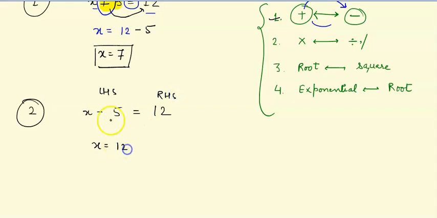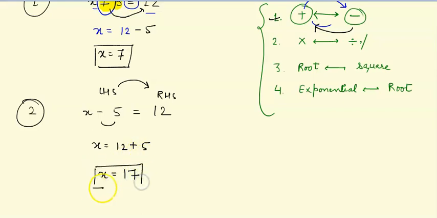So 12 as it is, and when minus 5 on the left hand side goes to the right hand side, the negative sign is related to what? The positive sign. So we have positive 5 here, and x equals 12 plus 5, that is 17. So we get our answer, the value of x is 17. So simple it is, right?